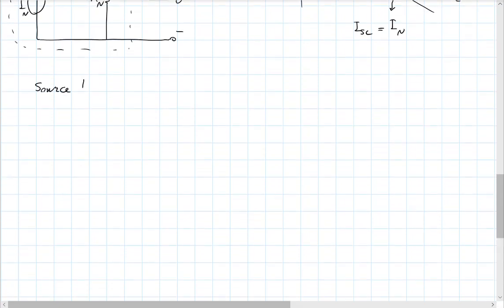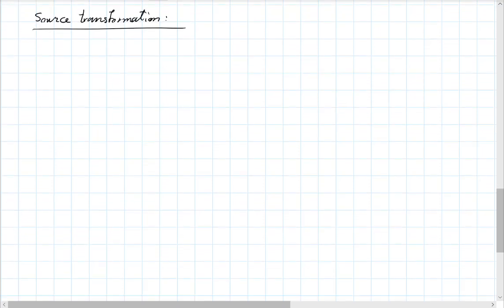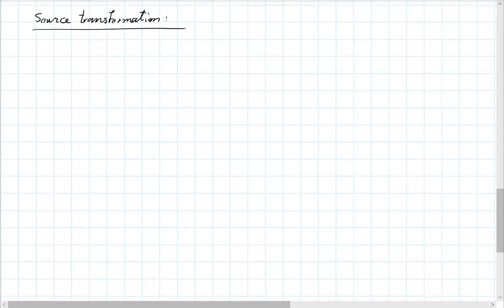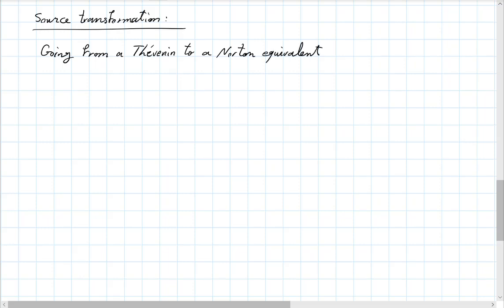So, source transformation, going from a Thévenin to a Norton equivalent, or vice versa.